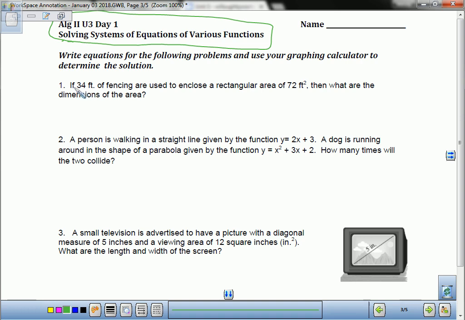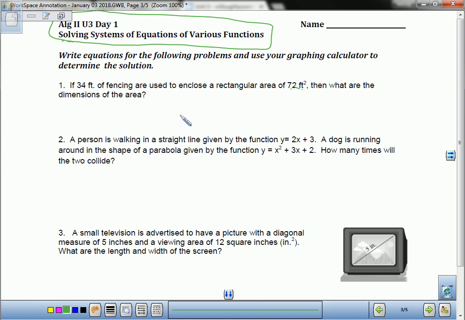Okay, number one, if 34 feet of fencing is used to enclose a rectangular area of 72 square feet, find the dimensions of the area.